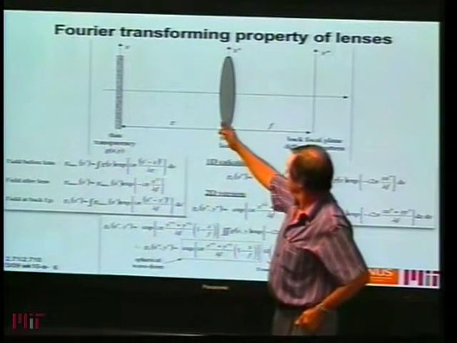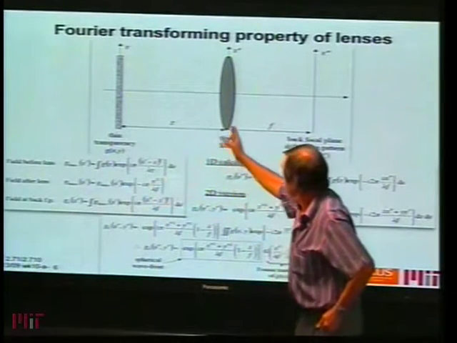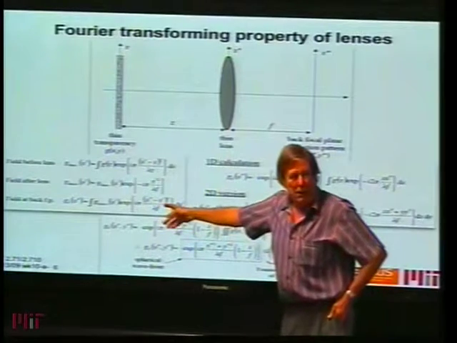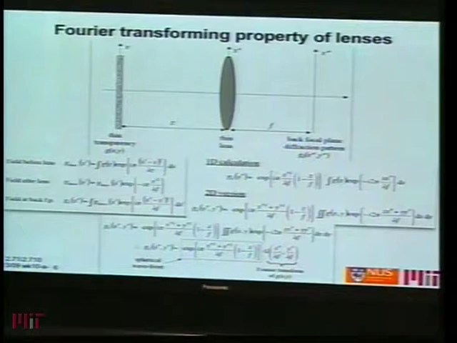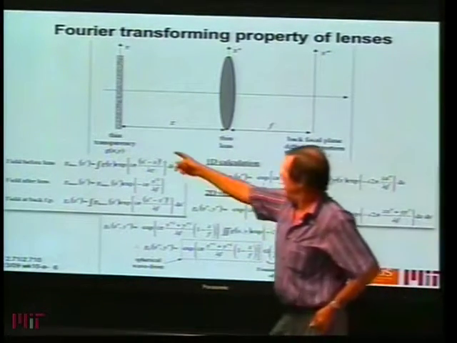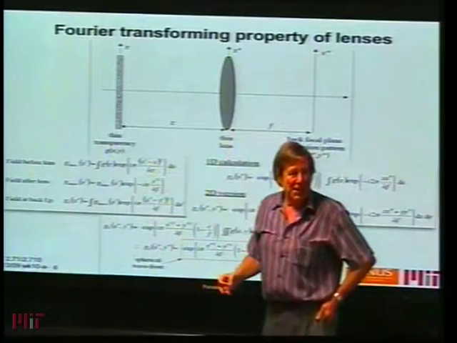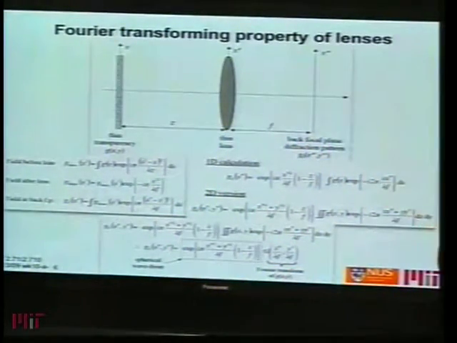And then after it goes through here, it's multiplied by another parabolic phase function. And then as it propagates here, it's convolved with another parabolic phase function. And if we have that magic condition that this is f and this is f, most of these parabolic phases cancel out, and we're left with this very simple final answer. So that's basically what's happening.